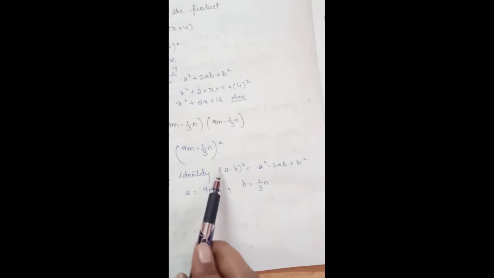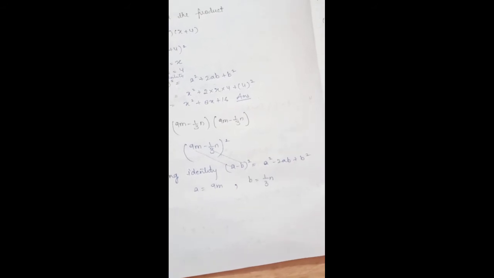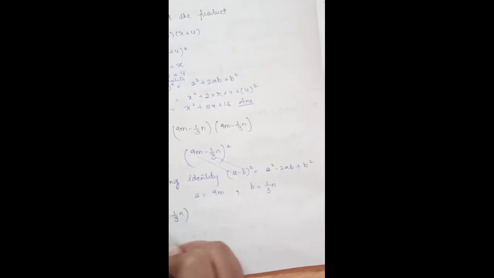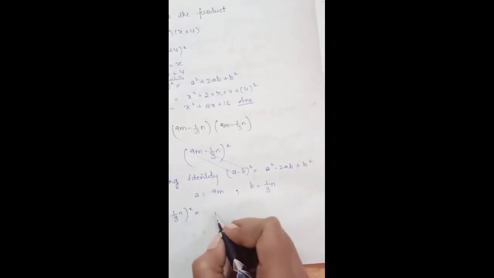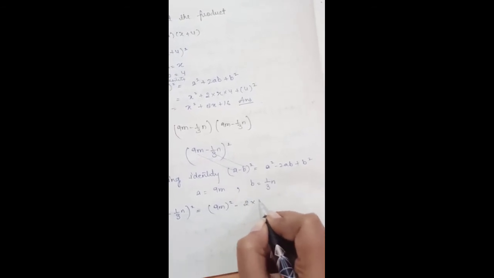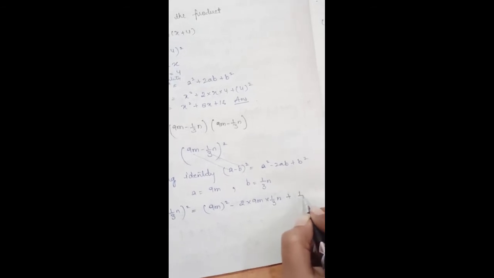Compare it with this, see, this is the value of a, then minus, then this is the value of b. Right? Now we put these values in this identity. So here we get (9m minus 1 upon 3n) whole square is equal to a square minus 2ab plus b square.